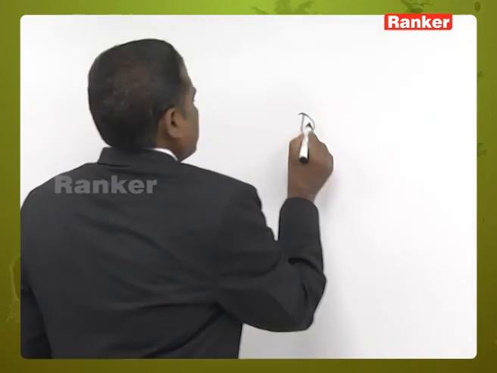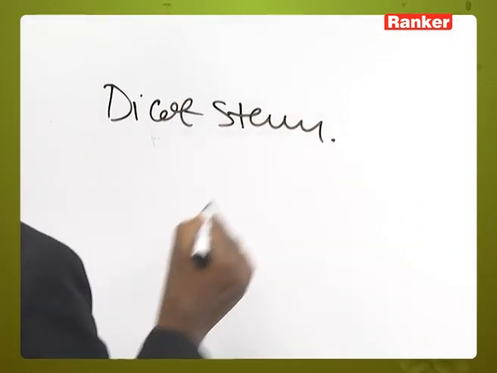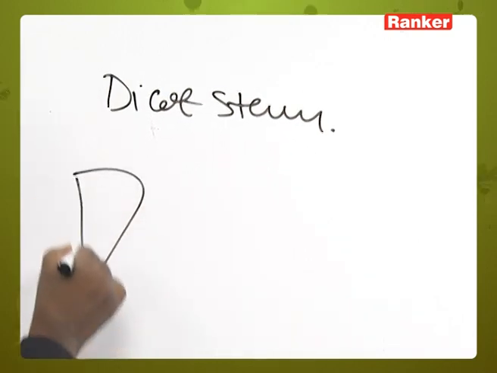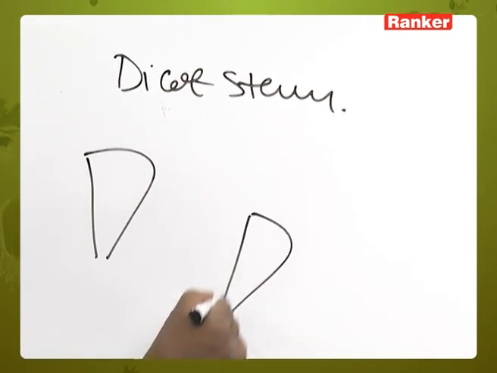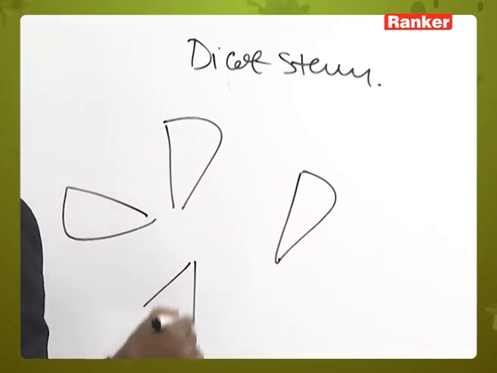If you see the primary structure in dicot stem, eustele is present. Eustele means 15 to 20 vascular bundles present in a ring-like fashion.